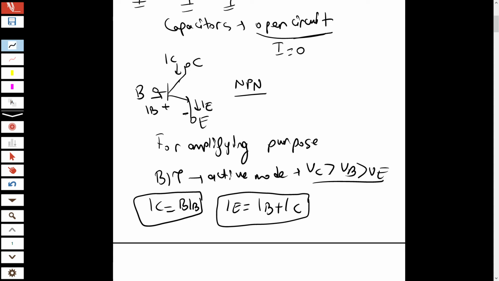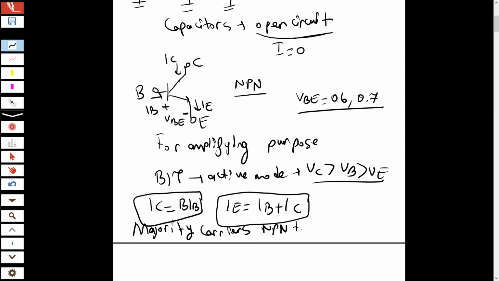There is a forward voltage drop between VBE, and generally it is given in the question, like 0.6 or 0.7. Majority carriers for NPN type BJT are electrons. Remember this.